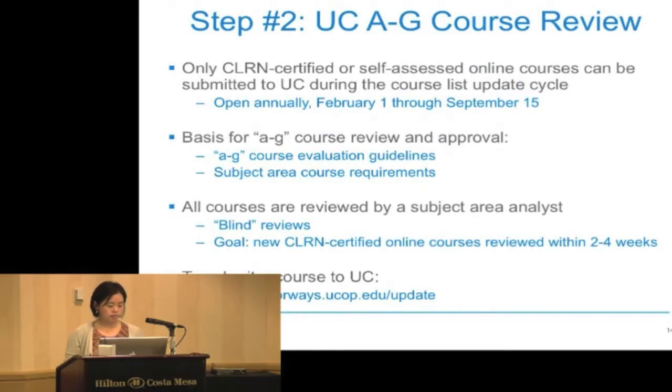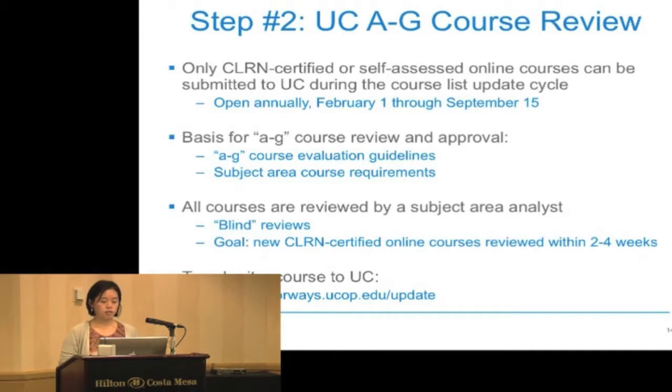So, on to step 2. Step 2 of the course review process is when the course is submitted to UC for review and for possible A to G approval, ultimately. Step 2 can only occur after a course that qualifies for CLRN certification earns that certification.